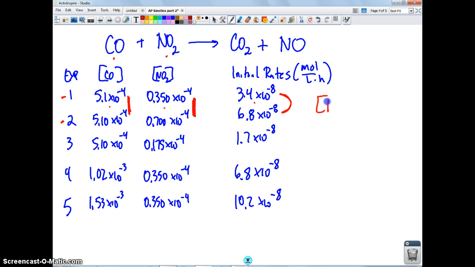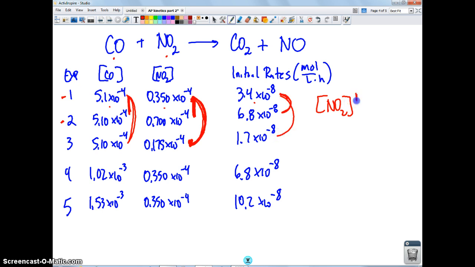So with respect to the NO2, I think it's going to be first order, because when I double the initial concentration, I've doubled my rate. Just to make sure, let's look at another one where I go from 0.350 to 0.175. Hopefully you recognize that this is being cut in half. I kept these constant, and this is being cut in half. What happens to my rate when I cut the concentration in half? It is also cut in half.